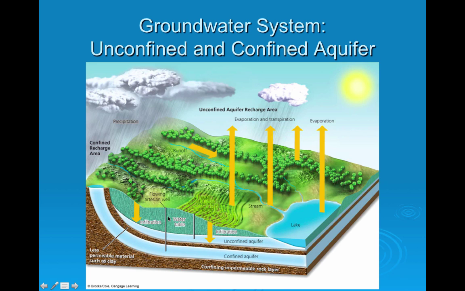So you can imagine that if you poke a hole in it, confined aquifers are really, really good places to get water out of, because you don't have to do a lot once you poke the hole to make the water come out. Of course, the downside is they only recharge in a certain area. Unconfined aquifers are easier to fill up, but you actually have to work to get the water out of them, because it's under a lower pressure, so you've actually got to pump that stuff out.